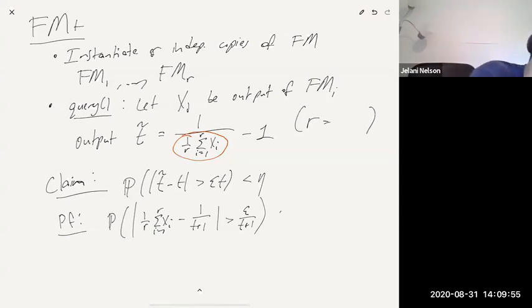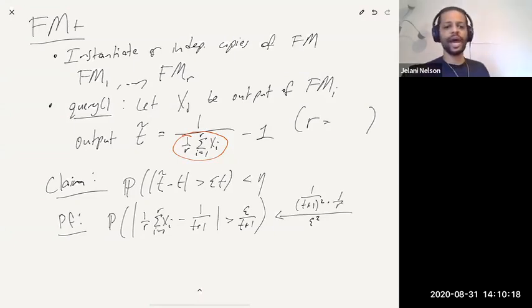This is at most the variance, which we know is 1 over t plus 1 squared, over this thing on the right-hand side squared, which is epsilon squared. Oh, okay, and the variance decreases by a factor of R, so times 1 over R. When you average R independent copies of some random variable, the variance of that average is an Rth fraction of what the variance would be for one copy.